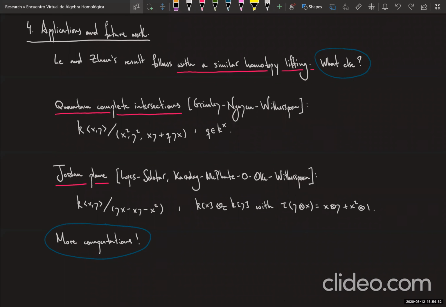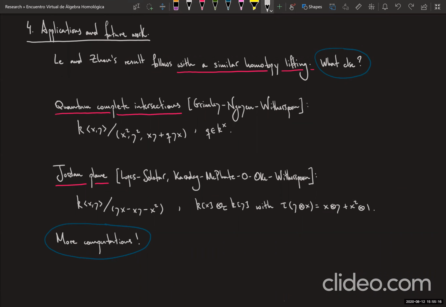The way that we computed this Gerstenhaber algebra structure is by seeing the Jordan plane as a twisted tensor product with the twisting map given by permuting the generators in degree 1 and adding x squared to the result.